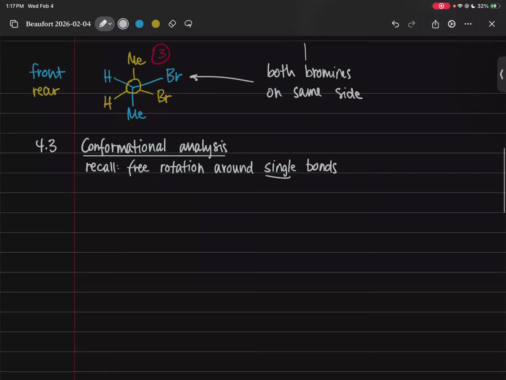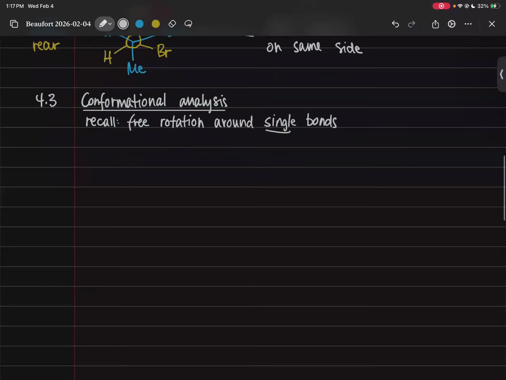So let's not use that more complex bromobutane example. Let's go back to just ethane. So we'll draw a Newman projection of ethane like this. So we know that the blue front carbons are closer to us and the yellow back carbons are further away from us.